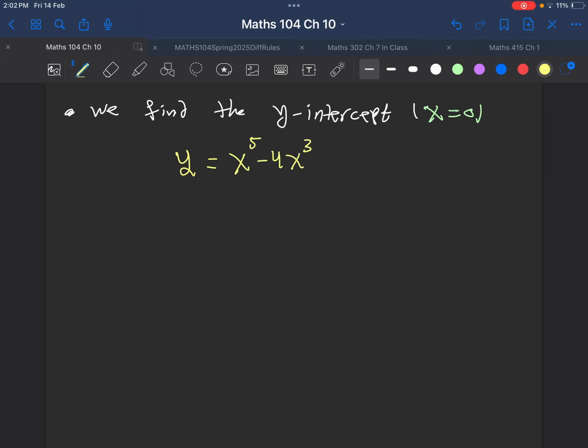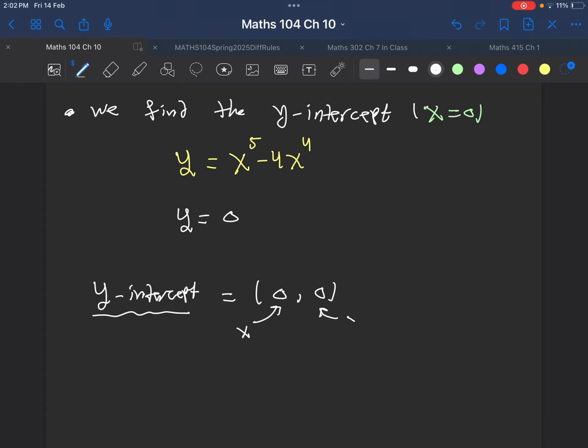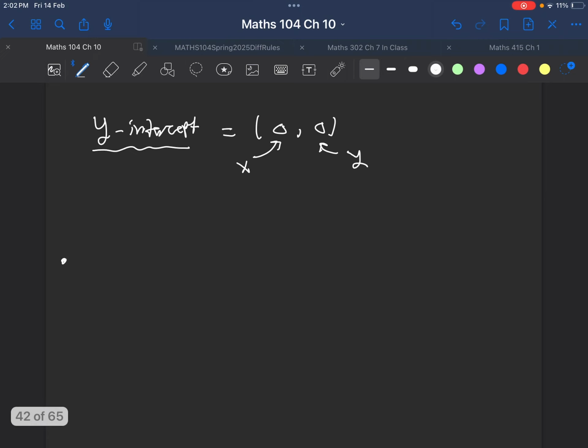So the original function was y equal x^5 minus 4x^3. So, x^4. So if we plug in 0, what do we get? We get y equal to 0. So the y-intercept is (0, 0). 0 is the value for x.